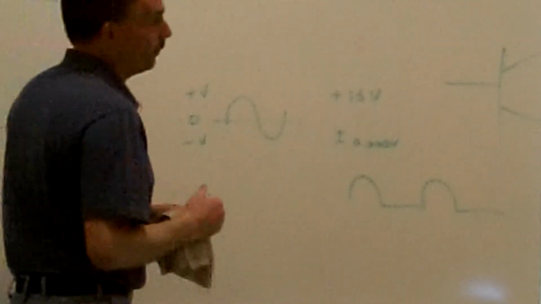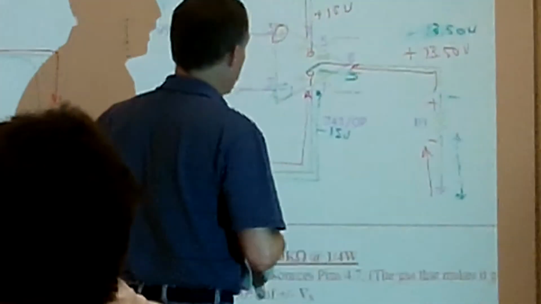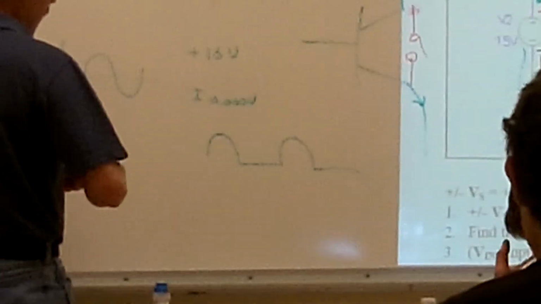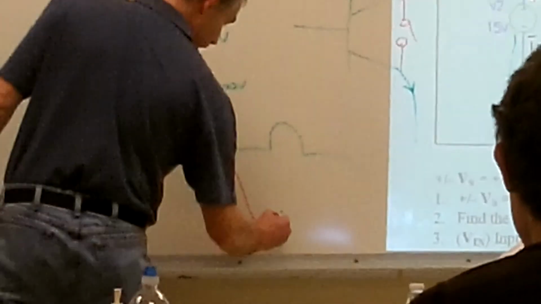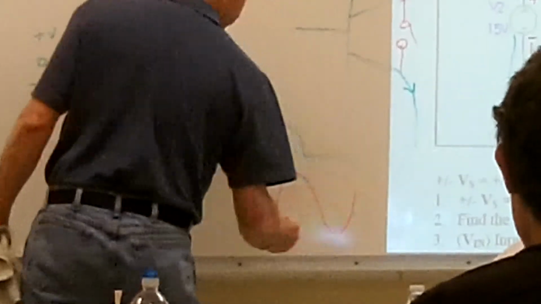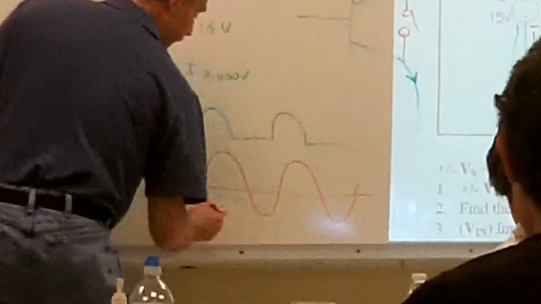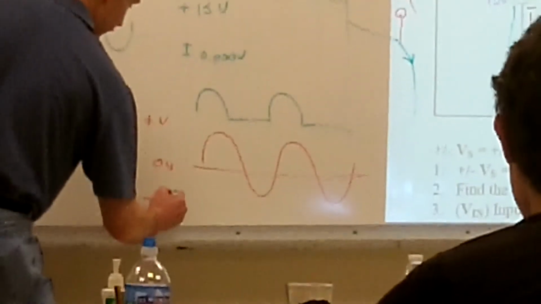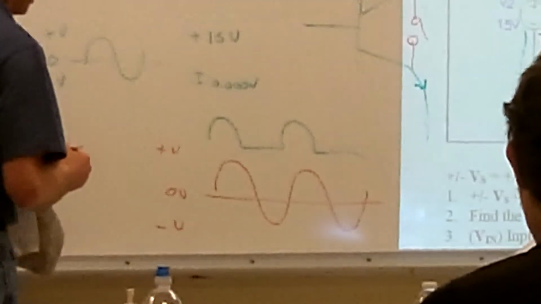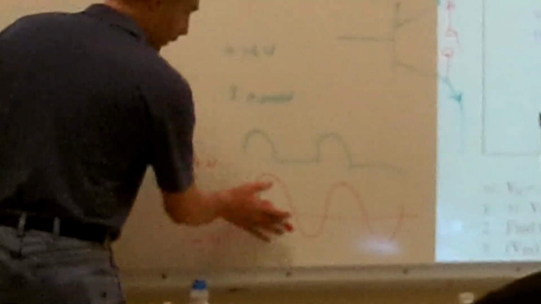Well, an op amp, since I have my dual voltage and goes plus or minus 15 volts, if I send that same signal into my op amp, then it could go up to my plus 15 volts, negative 15, plus 15, negative 15. And so it could go up to my plus voltage and my negative voltage. And then depending on whatever my gain is, would be whatever my signal is.